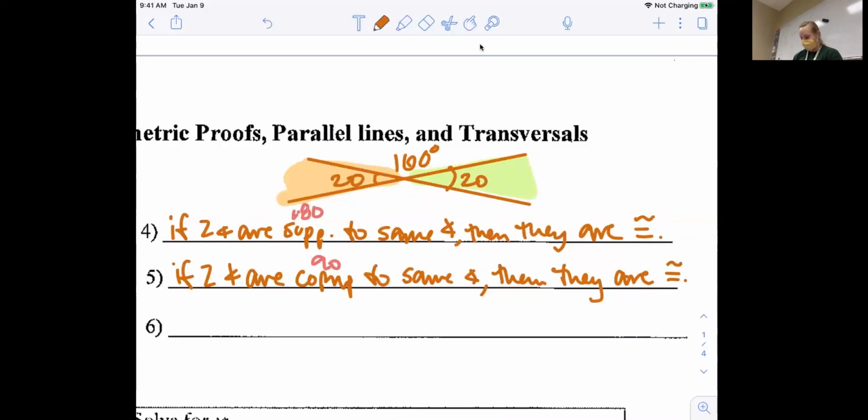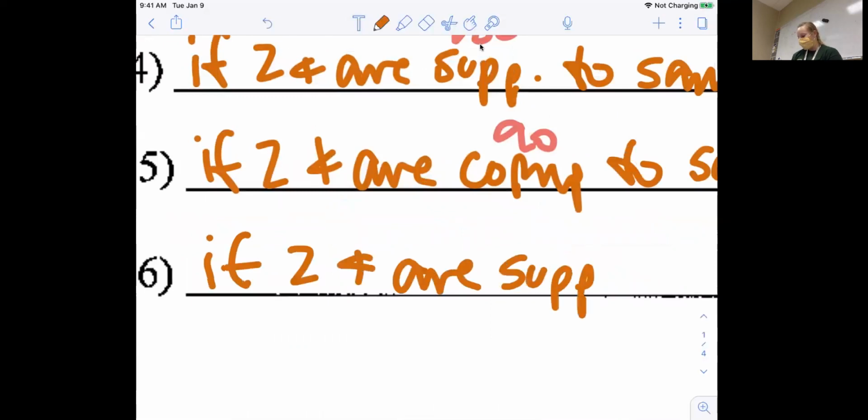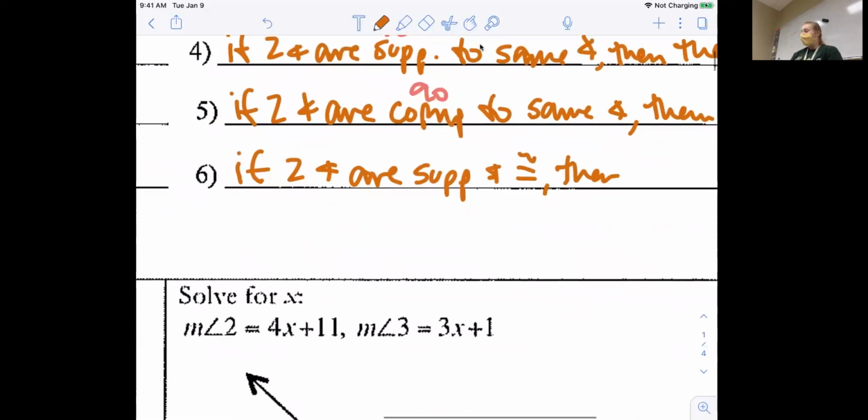Questions so far? Last one is, if 2 angles are supplementary and congruent, what does that mean those angles are? Not necessarily. They're just congruent and supplementary.